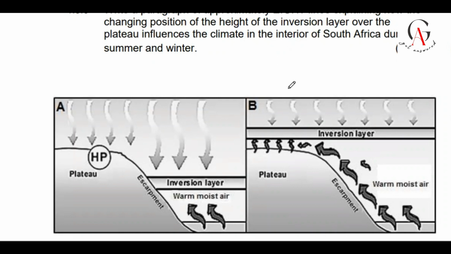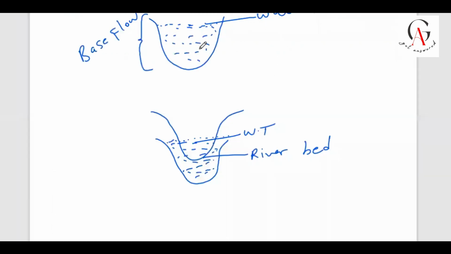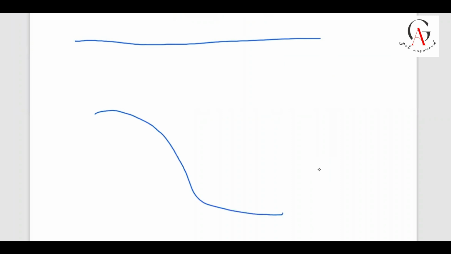So our answer is going to be sketch A does indicate winter conditions. Why do we say so? Let's just go down here to illustrate evidence to show winter condition.